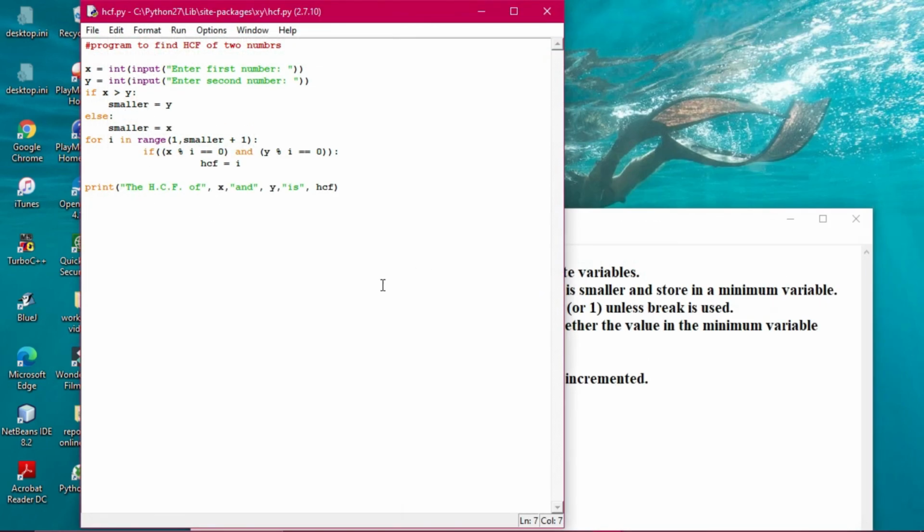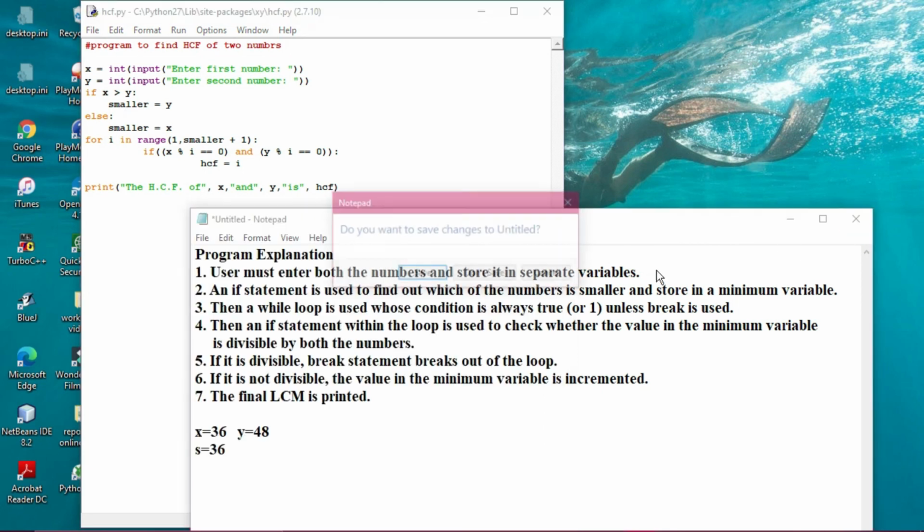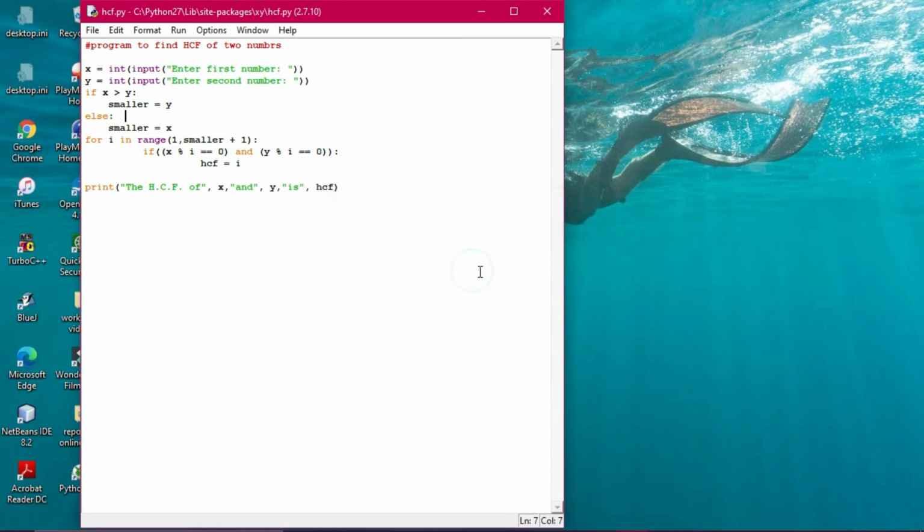So in this way, HCF and LCM are to be done, students, and as I have told you usually, you have to do the practical implementation, which is very important for you. You must do it. Otherwise, these programs are very difficult to remember. If you think you will learn it by heart and then write it in the copy, it is not possible. You don't know which program is going to come in the exam.